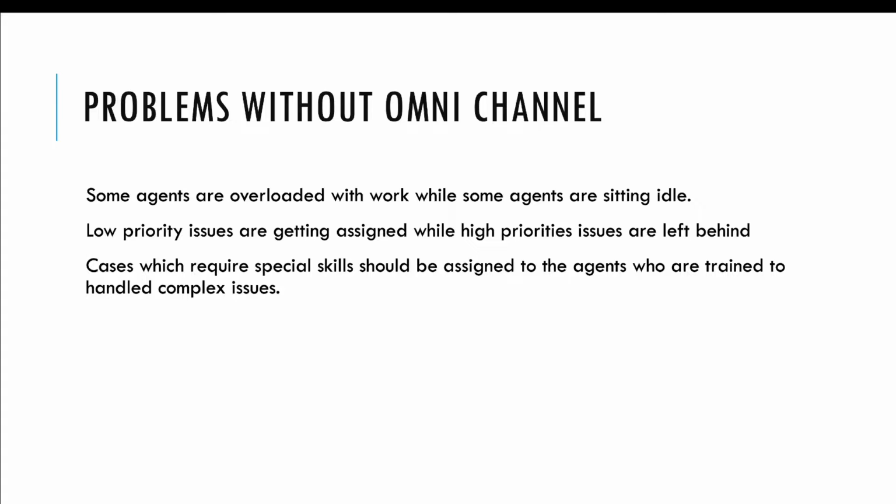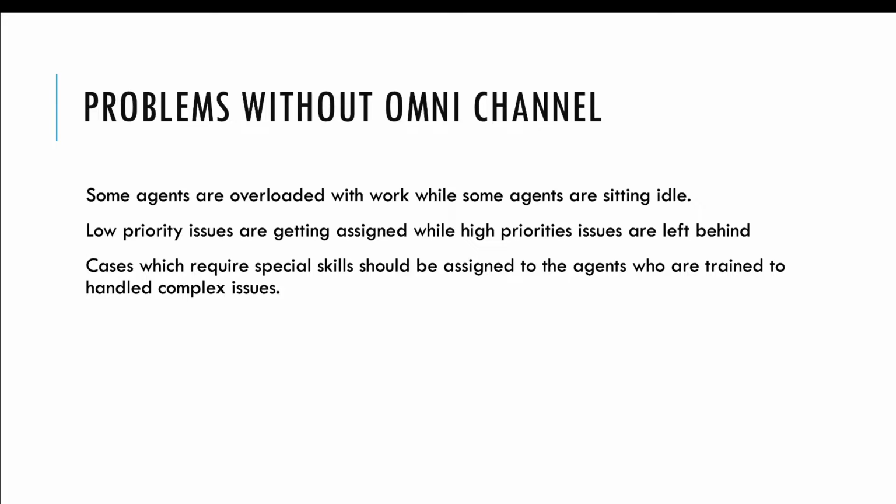Cases which require special skills should be assigned to an agent who is trained to handle complex issues. Some companies offer very complex products. For example, internet companies offer Wi-Fi, fiber internet, and some cable services. The different products they offer require different sets of skills to resolve those issues.